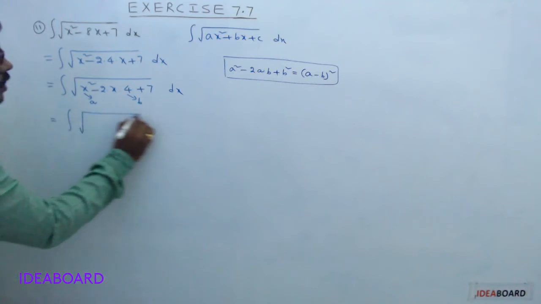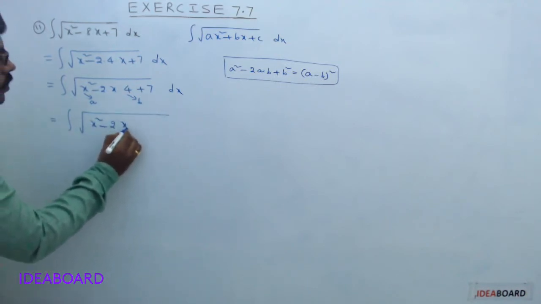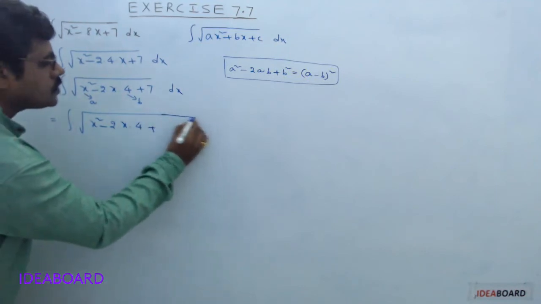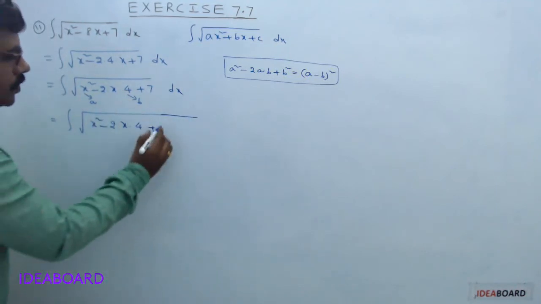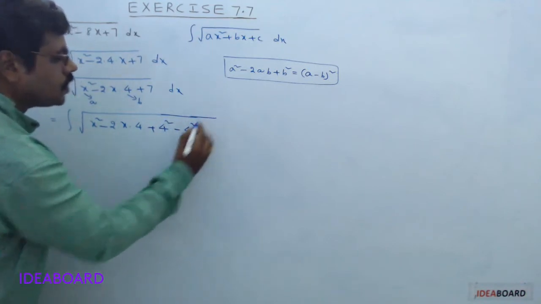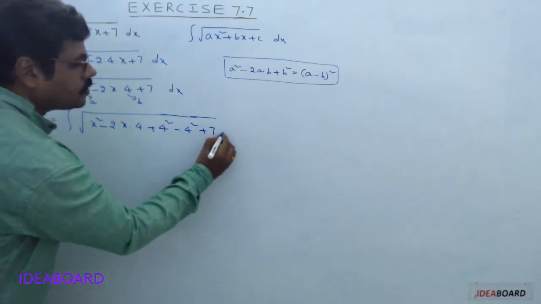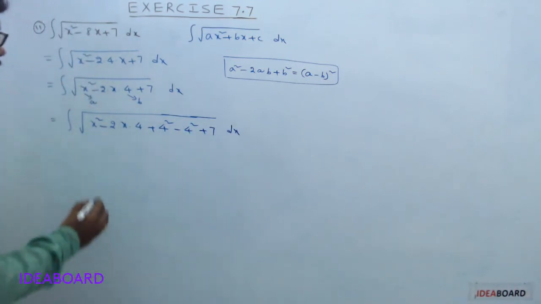This is integral square root of x square minus 2 into x into 4 plus adding and subtracting 4 square. So 4 square minus 4 square. Constant in the previous expression is plus 7 dx.